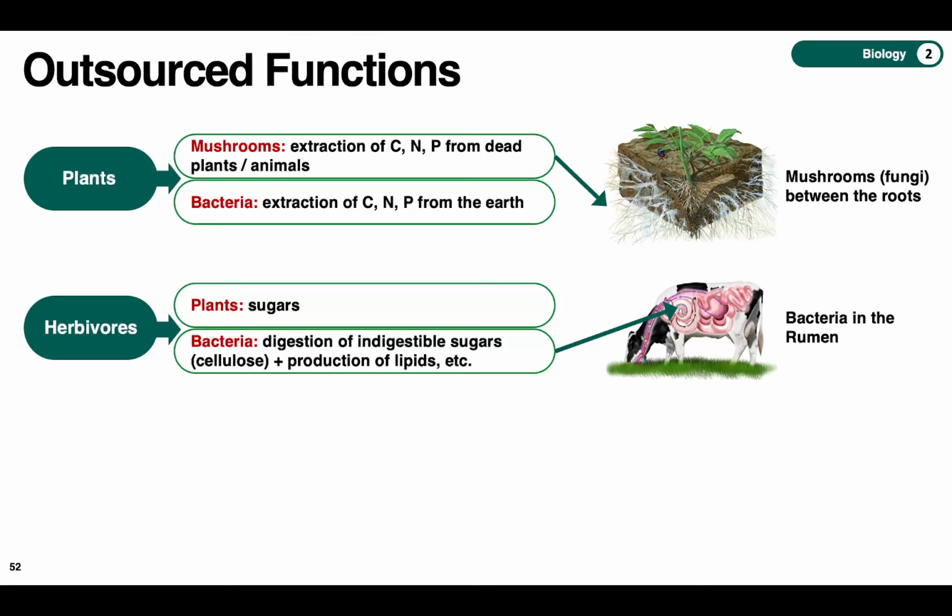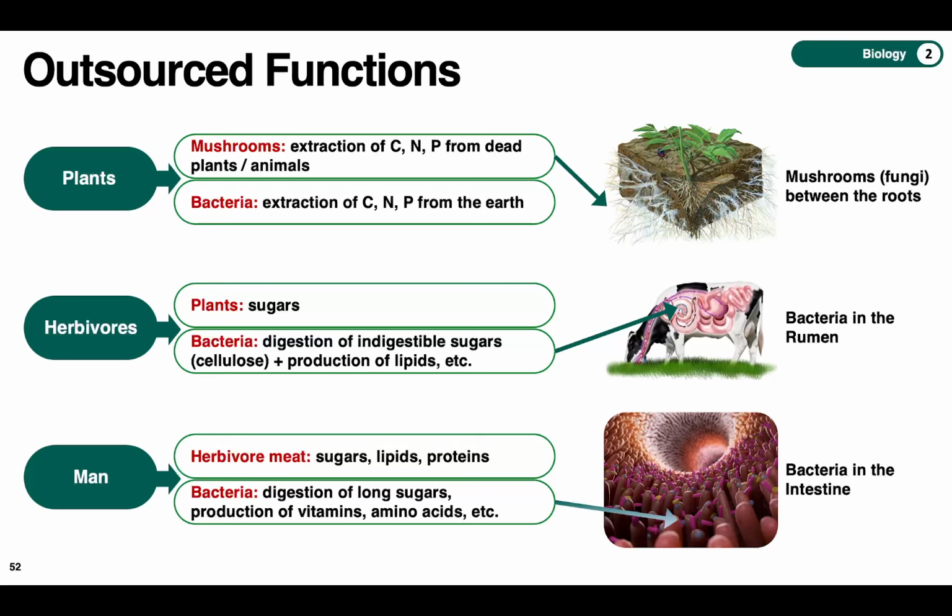And then when they eat the plants, they eat the cellulose, but they cannot digest the cellulose because it's a highly long and stiff carbohydrate. So the breakdown of cellulose, they outsource it to the bacteria that live in their specialized stomach called the rumen, that's going to ferment the cellulose and break it down. Also, other animals and humans, they will outsource the production of essential amino acids and lipids to specialized bacteria that live in their intestine, and so on.